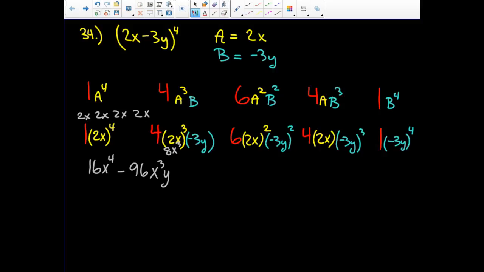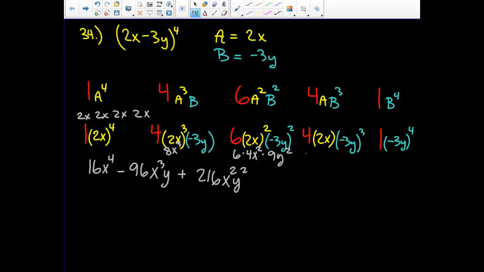The next one would be, let's see, 2 squared is 4, so that's 4x squared. Negative 3y squared is 9y squared, and then I multiply that by 6. So that ends up being, what, 54 times 4, which is, I believe, 216 x squared y squared.